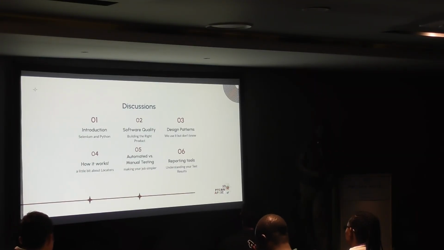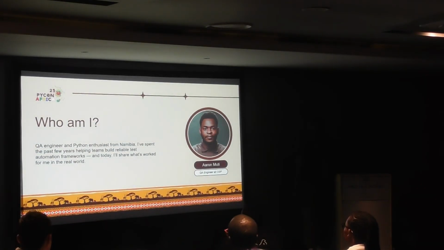Then I'll cover automated versus manual testing and why you should opt for automated testing instead of manual, because of course you can't automate everything. Lastly, I'll talk about reporting tools you can use to give feedback about your testing.